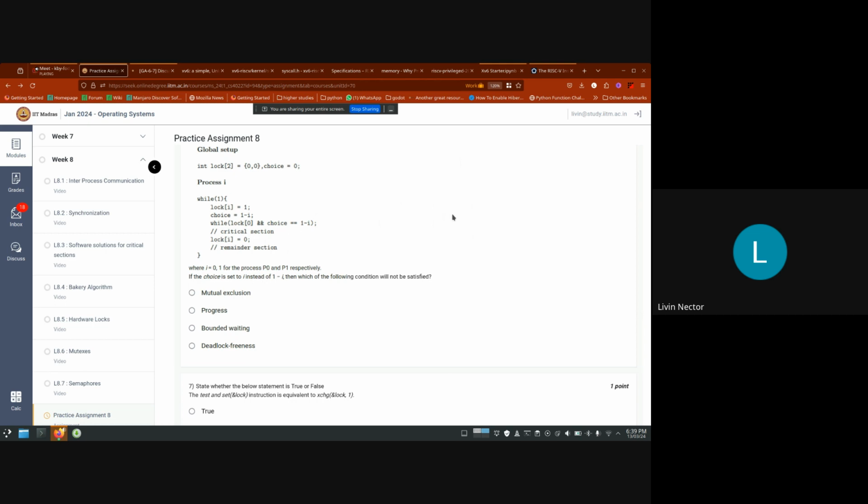So progress is achieved. What's not achieved is bounded waiting. We'll see why. We have to change choice equal to I. Instead of 1 minus I, we'll be setting it to I here. Now what will happen?